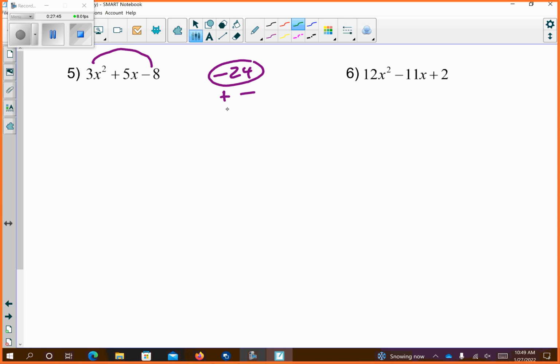Now I want to list the factors of 24. I know 1 times 24, 2 times 12, 3 times 8, and 4 times 6. Those are all the numbers I could multiply together to get 24. Agreed? Now, realize we have one of each, so I want to figure out which would add up to 5, one being positive and one being negative.